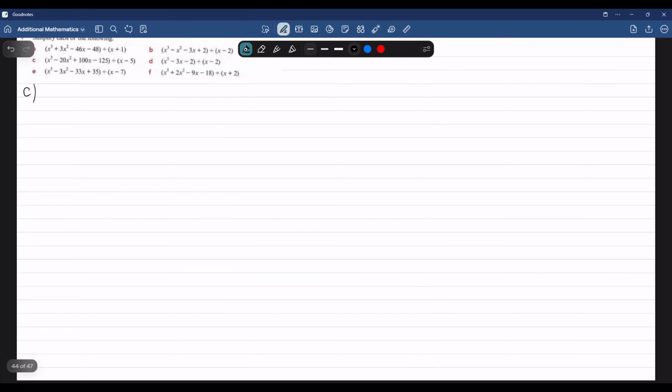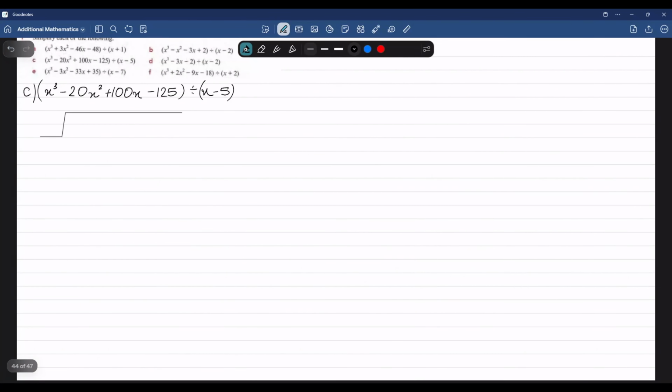So C, x cubed minus 20x squared plus 100x minus 125, divided by x minus 5. Now again, we are going to do this by the long division method.